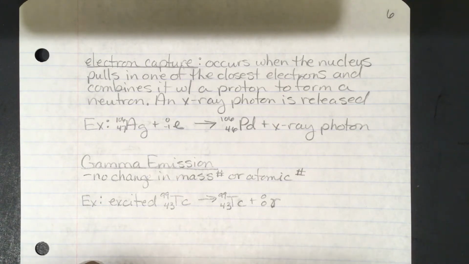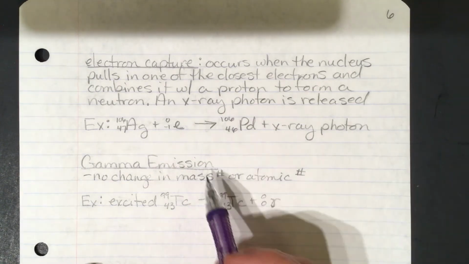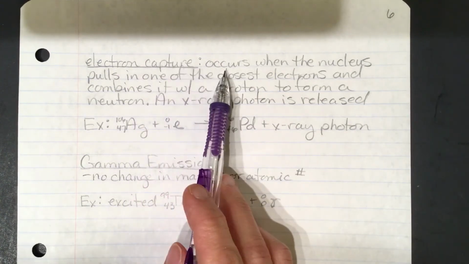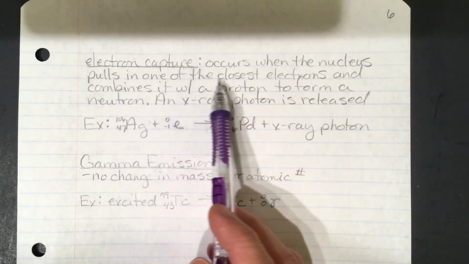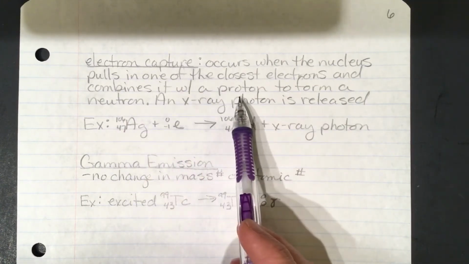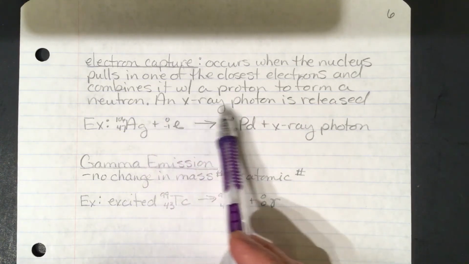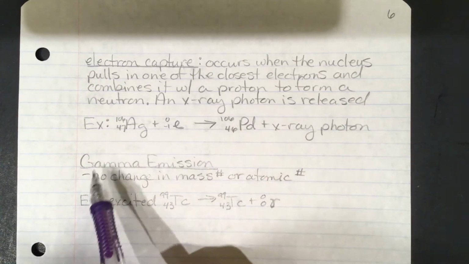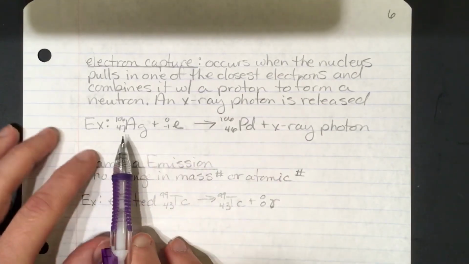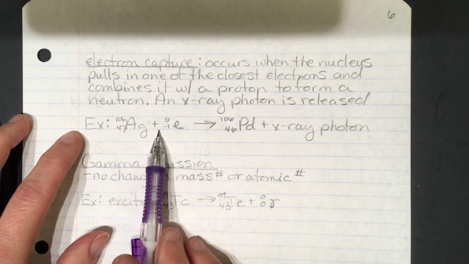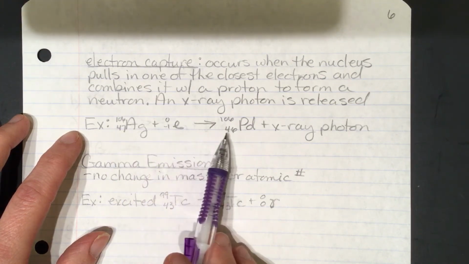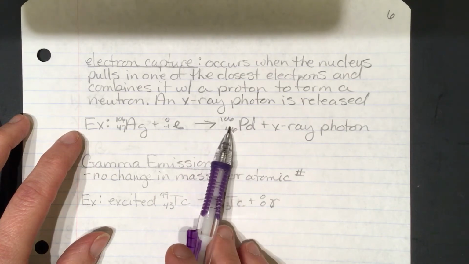Now, electron capture is also a way that they explain a nucleus being reduced by just 1. And electron capture occurs, and I think you can easily visualize this, when the nucleus pulls in one of the closest electrons and combines it with a proton to form a neutron. An X-ray photon is released. So an example of this type of equation is silver-106 pulls in an electron and becomes palladium-106.